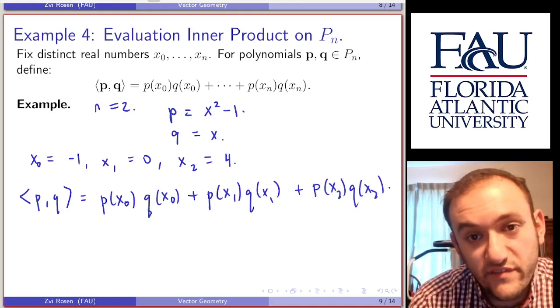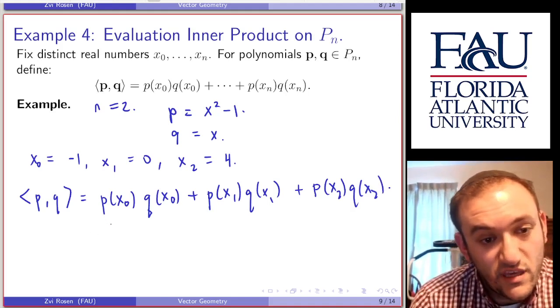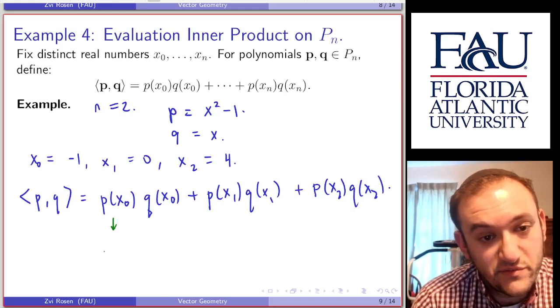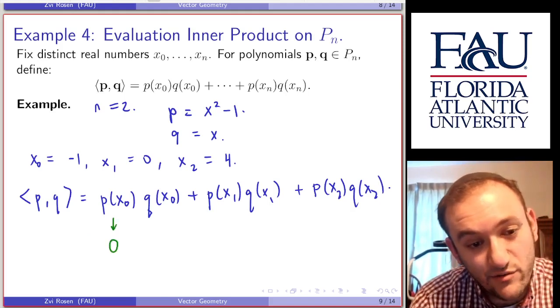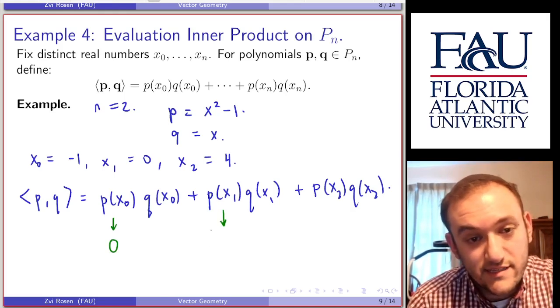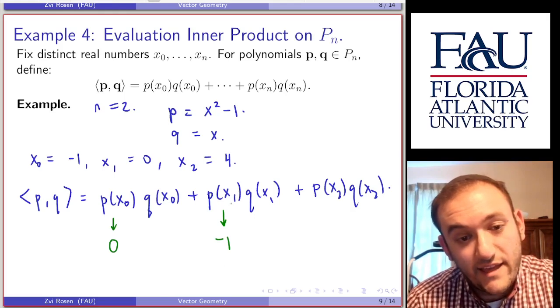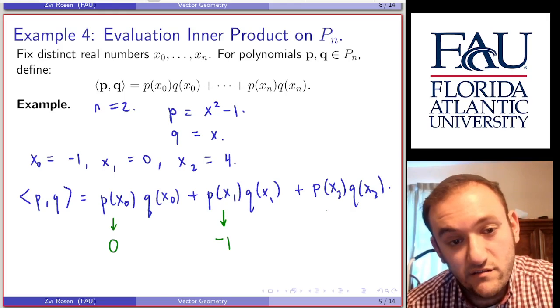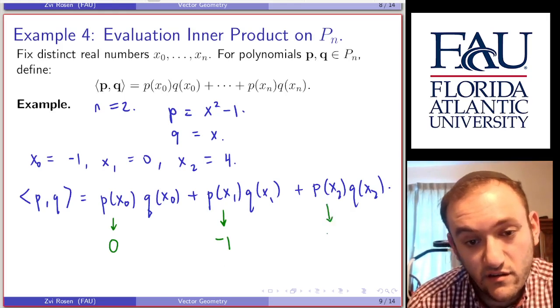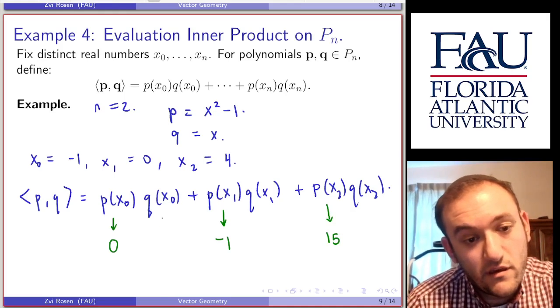Okay, so let's evaluate these. Let's evaluate the p ones first. p at minus 1 gives me 1 minus 1, or 0. p of x1 is 0 minus 1, or negative 1. And p of x2 is 16 minus 1, or 15. How about q?